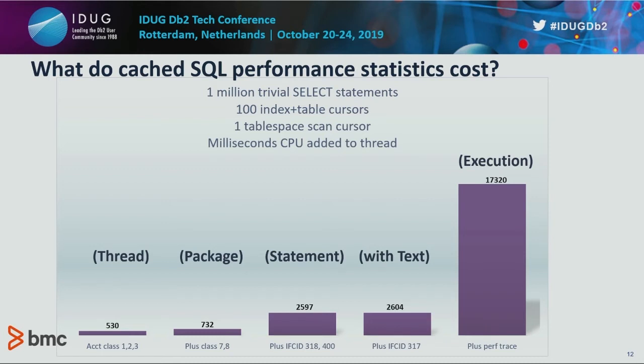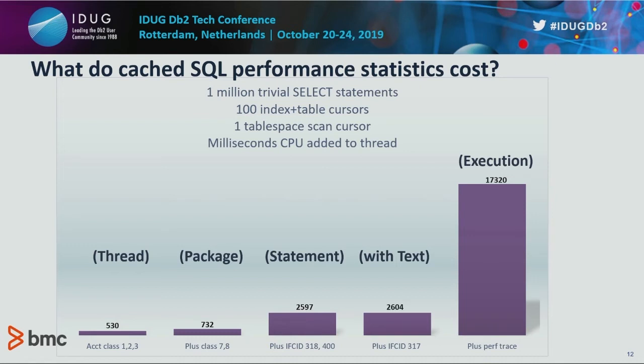As you might expect, as we increase in granularity, there is some added cost. So the accounting class 1, 2, and 3 for the thread is a number that's less than 5%. And with the baseline being so trivial, the percentage added is going to come out probably higher than it would for a typical real workload.